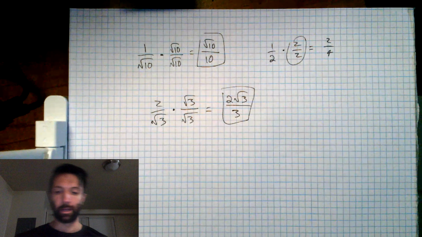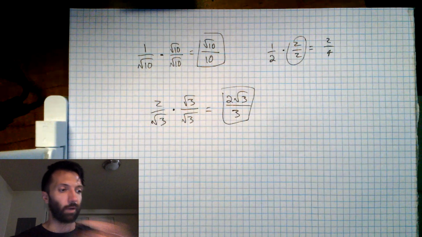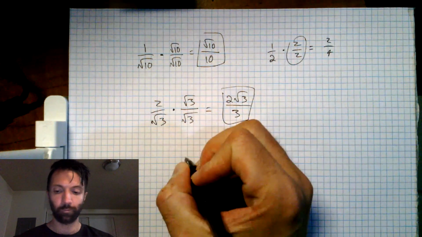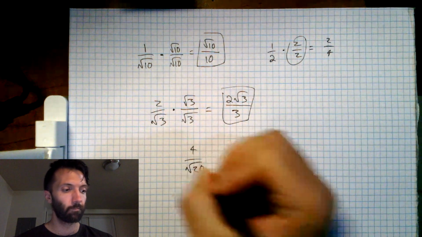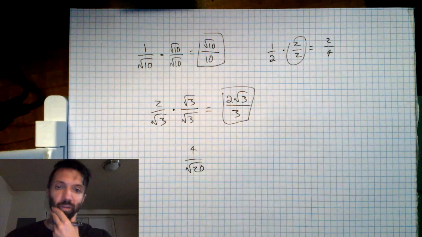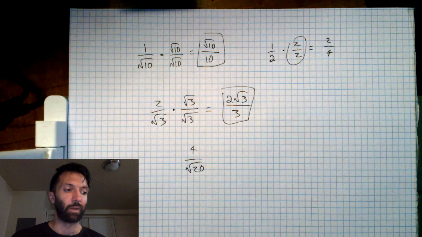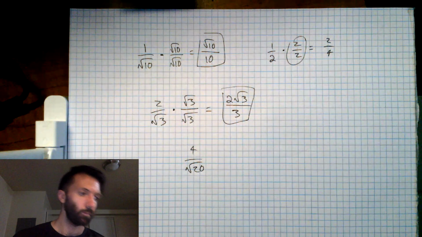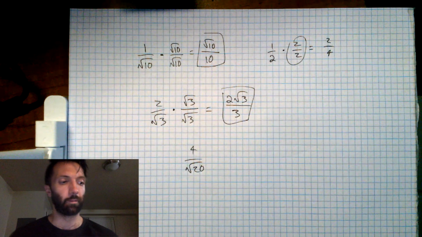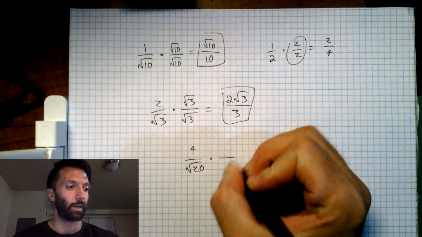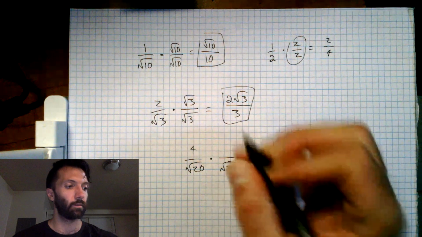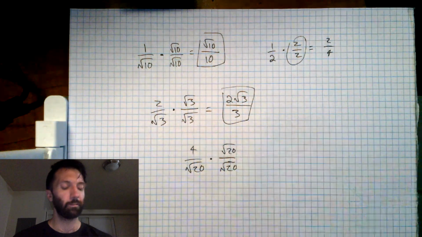All right, and now we'll ramp this up a little bit. Imagine we have something like 4 divided by the square root of 20. So the process starts the same way. I'll multiply by root 20 over root 20.